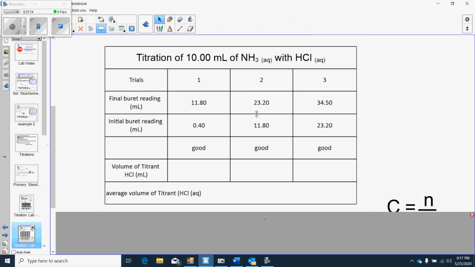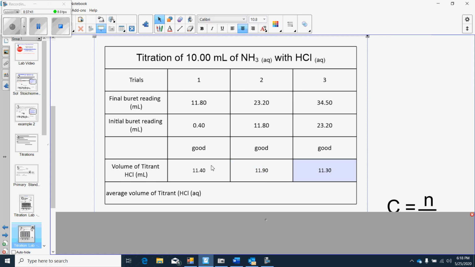So we want to know how much was added for each trial. That's why we set up the final on top and the initial on the bottom, so we subtract them. Here we're going to get 11.40, here we're going to get 11.90, and here we're going to get 11.30.